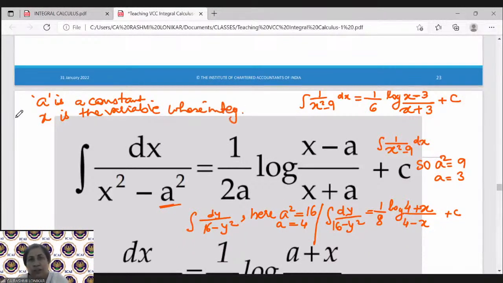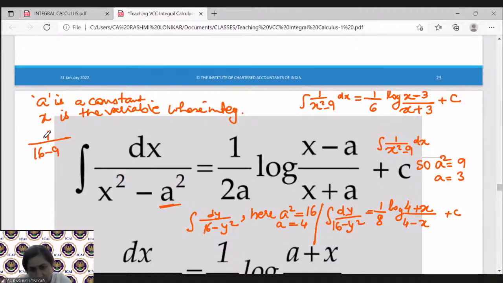Value of x is not given. Even when you are talking about definite integrals, it is the range over which x goes, from 2 onwards. So x is something that is unknown or changing, and that is why you will not have something like 1 upon, say, 16 minus 9.